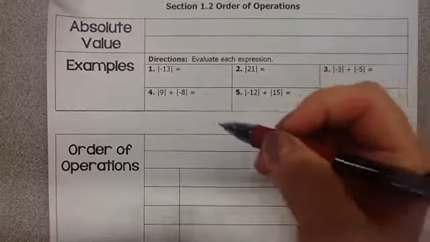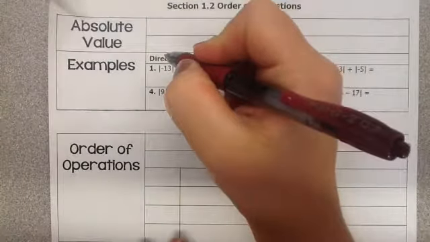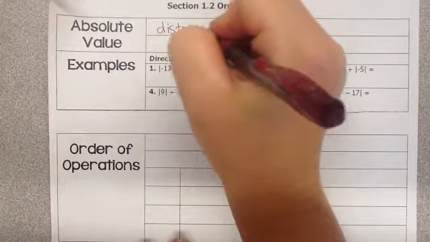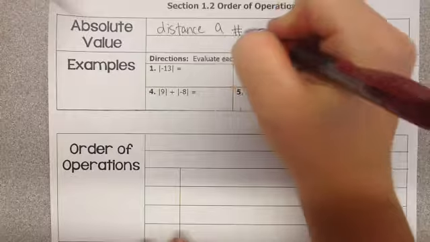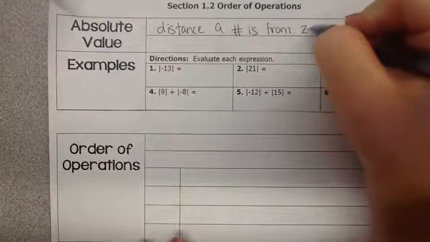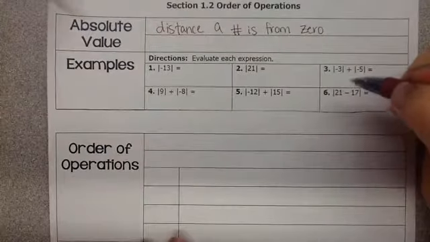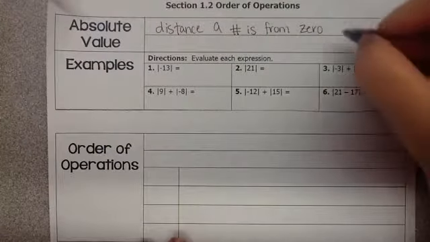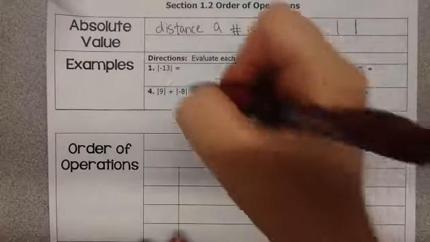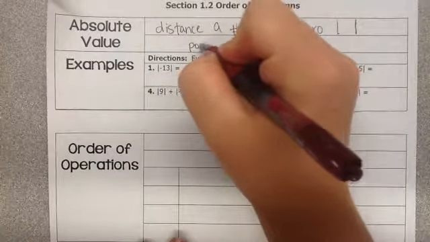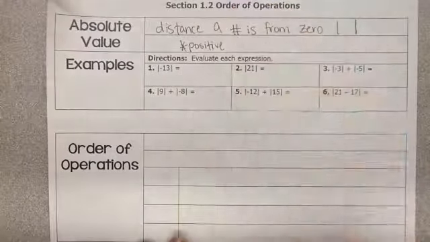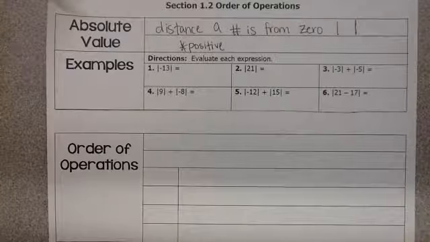Absolute value is the distance a number is from zero. Absolute value is denoted with these bars, and it always makes a positive number because distance is always positive.